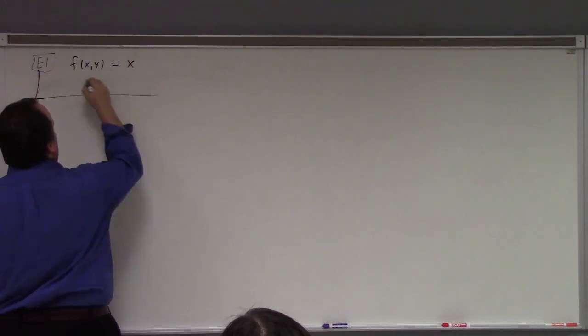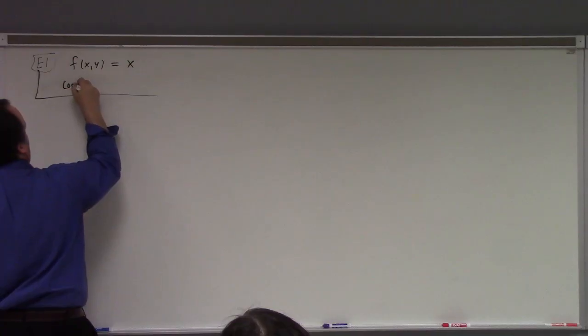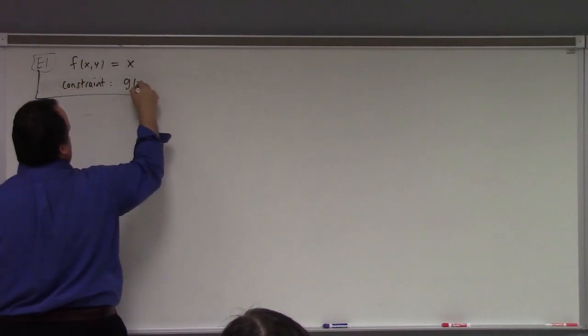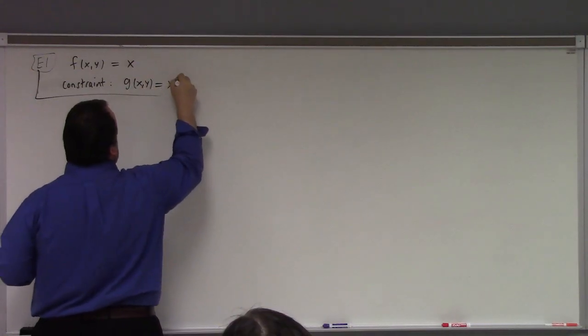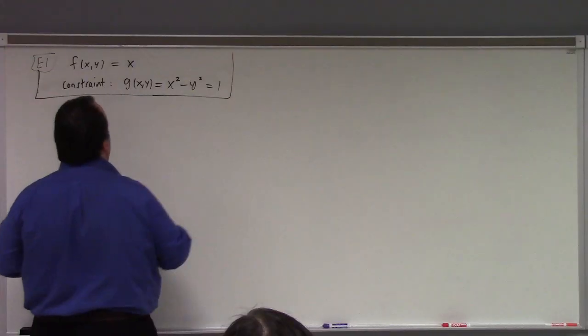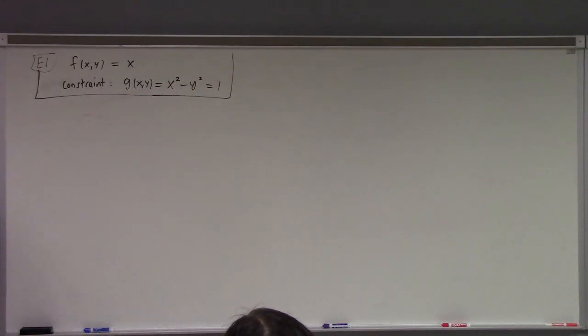And we'll look at the constraint g of x, y equals x squared minus y squared equals 1. Let's try to apply the method of Lagrange multipliers to find maximums and minimums for f, okay?